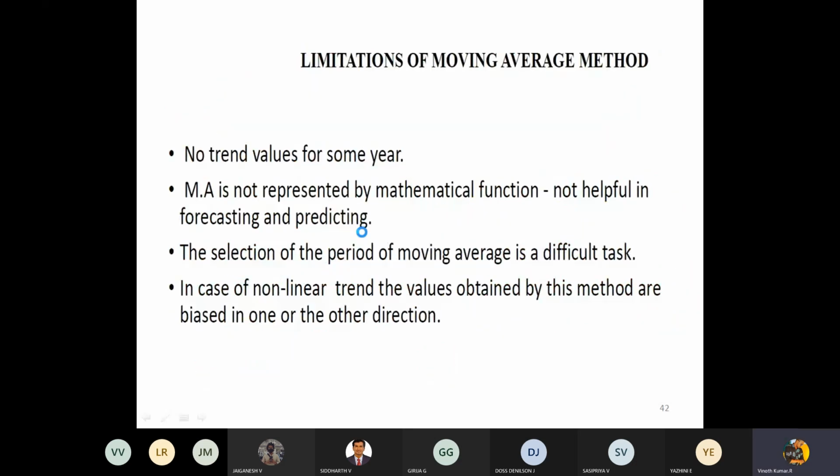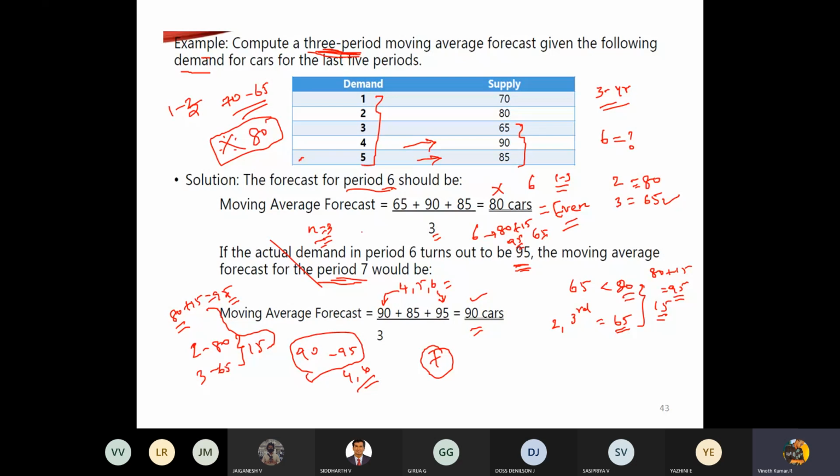Any doubt on this problem? Sir, I have a doubt. In the forecasting method, will it be approximate or what? Because the forecasting values are independent, right, sir?